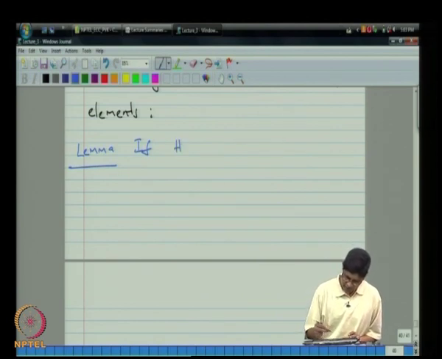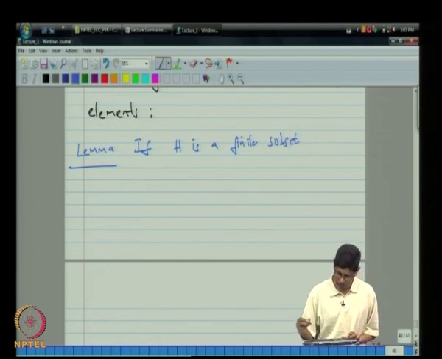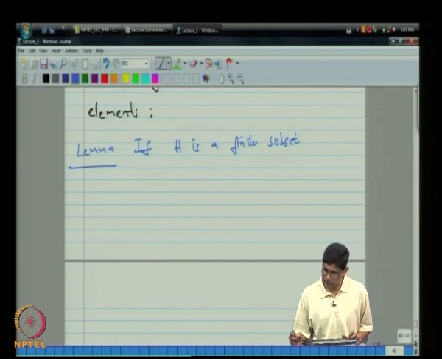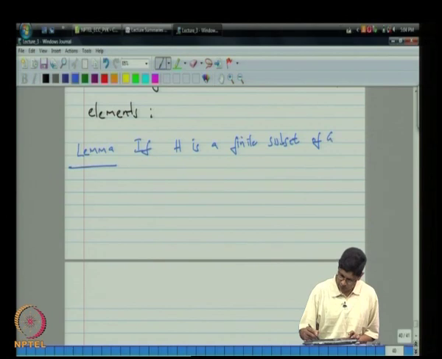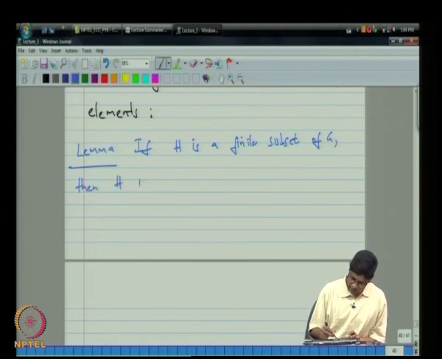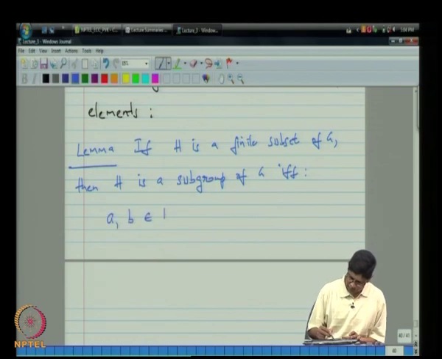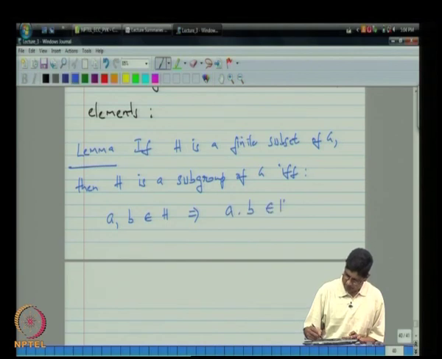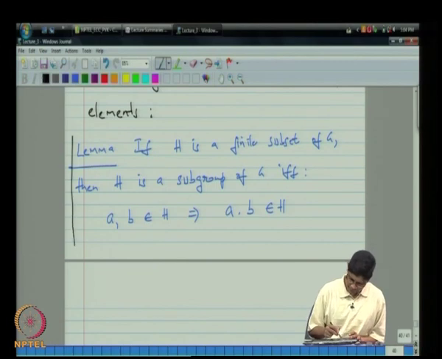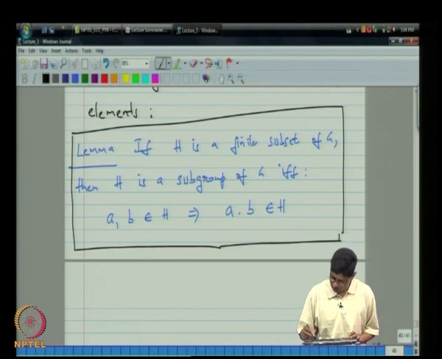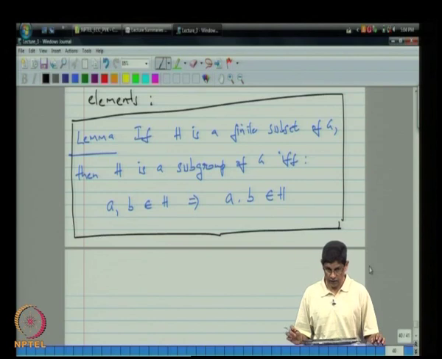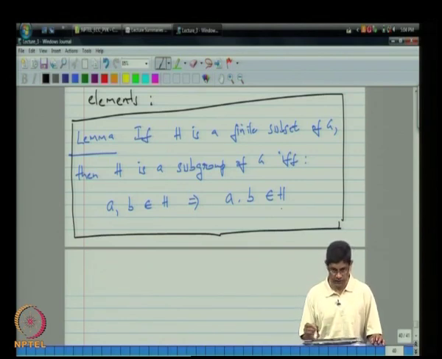If H is a finite subset of G, then H is a subgroup of G if and only if A, B in H implies that A times B is in H. In other words, in the particular case of finite subsets, it is sufficient to just check closure.